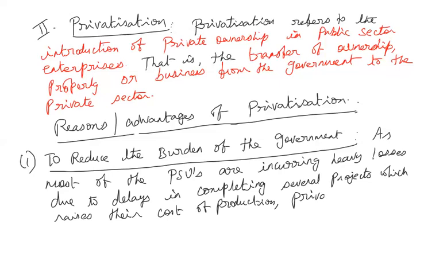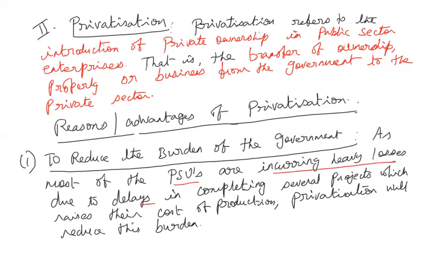Privatization will reduce this burden on the public sector. So the main part here is PSUs are incurring losses. What is the reason? Because of the delays in completing several projects.